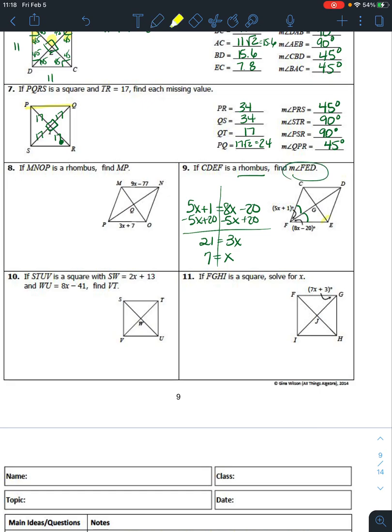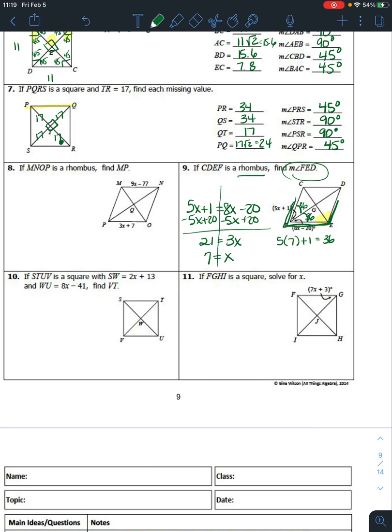Now I asked for you to find FED. Well, FED is this whole angle right here. So that means we need to find the other angles. Well, 5x plus 1 would be 5 times 7 plus 1, which is 36. Well, if this is 36, we know it's been bisected, so this is 36. So this whole corner is 72.